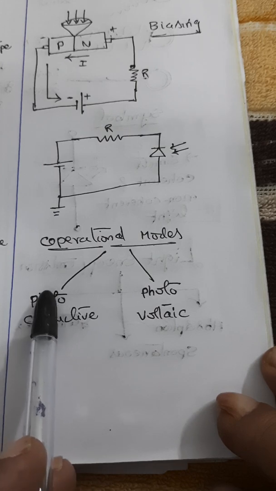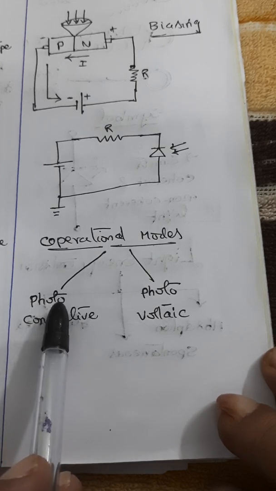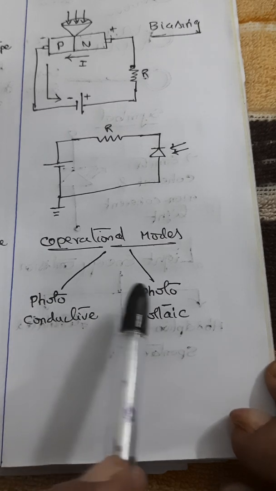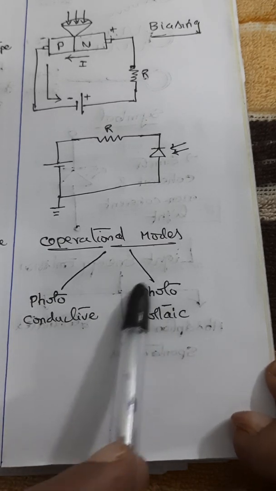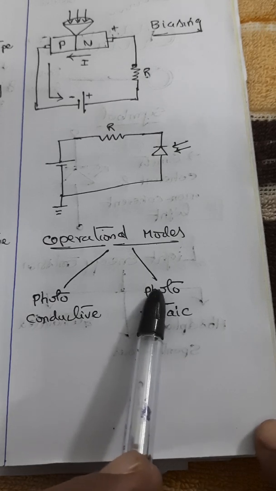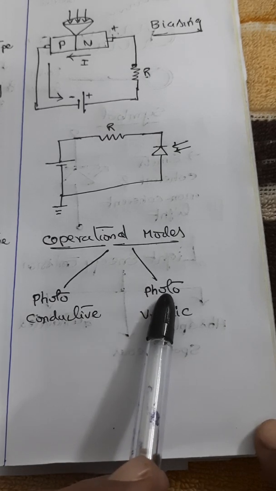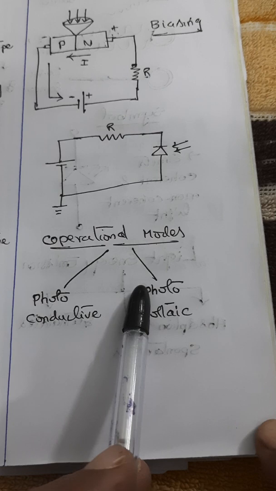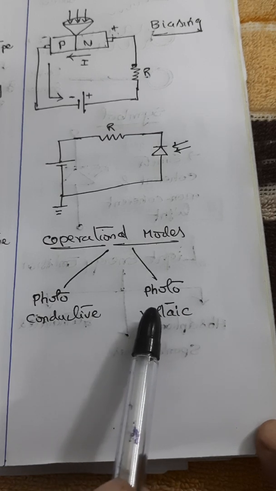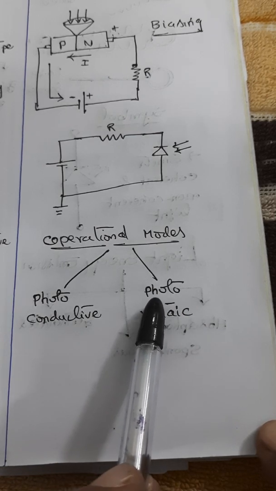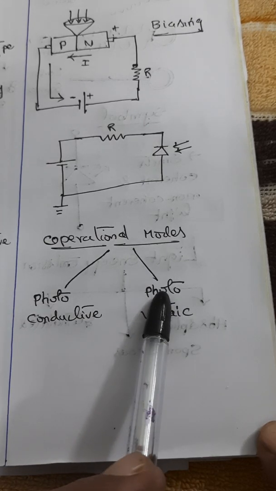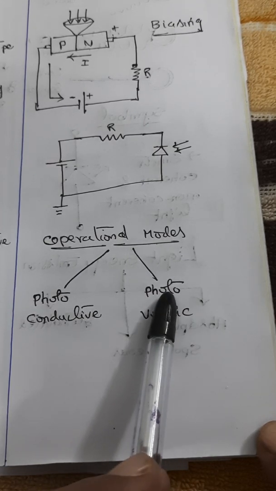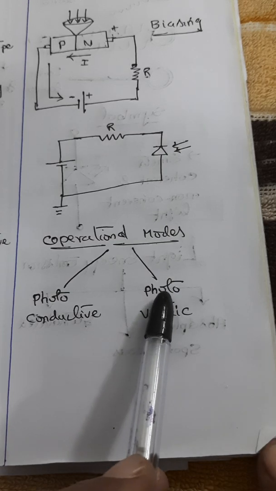In order to turn off the diode, it should be provided with forward voltage. Whereas in photovoltaic mode, the photodiode operates even without reverse bias. When reverse bias is removed, the charge carriers are swept across the junction. So the barrier potential will be negative on the N side and positive on the P side. That is what we have to understand.